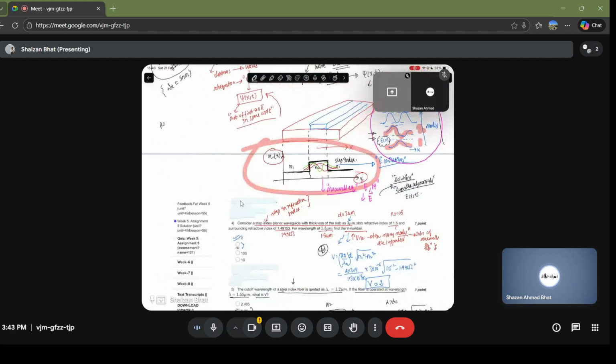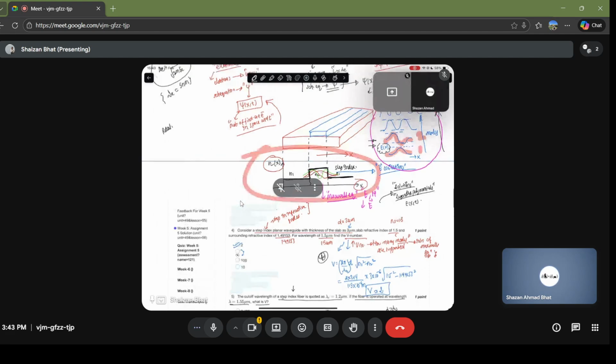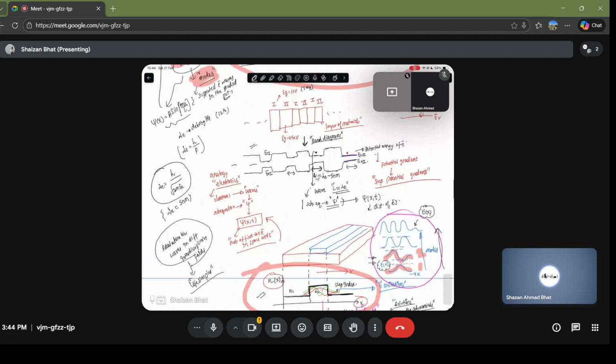But the essential thing is that if you understand the relation between the waves in different interdisciplinary fields, then it's going to make your life simpler. That's my advice. Because you see that these are electromagnetic waves, these are electron waves.